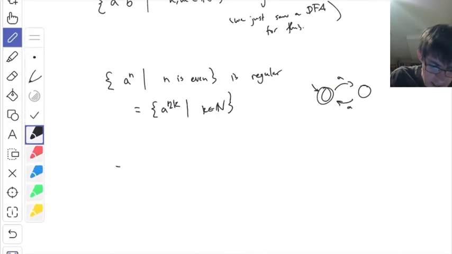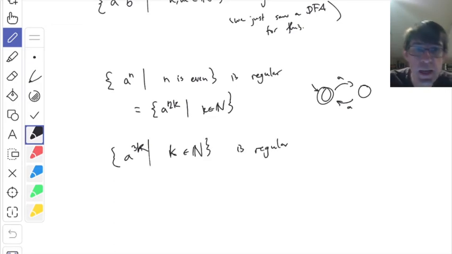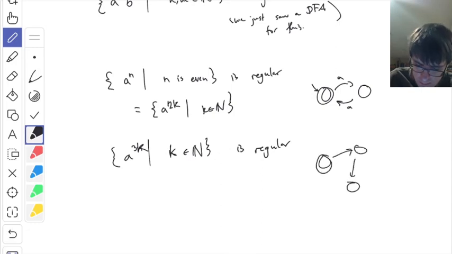What about A to the 3n? Well, I'll write it the other way: A to the 3k, you could write N if you want, k in the natural numbers. This is also regular. We had an example like that where it accepts a string only if the number of A's is a multiple of 3. Remember that one? It just went like this. Like that, right?